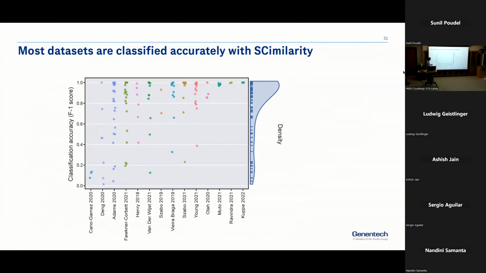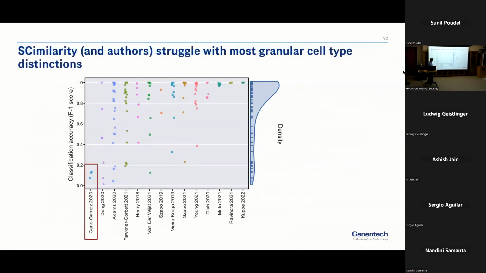In some cases we do better than others, but you can see largely the density around this is above 80% usually. And there are some data sets that we do pretty poorly on. In this case, this is an interesting example.